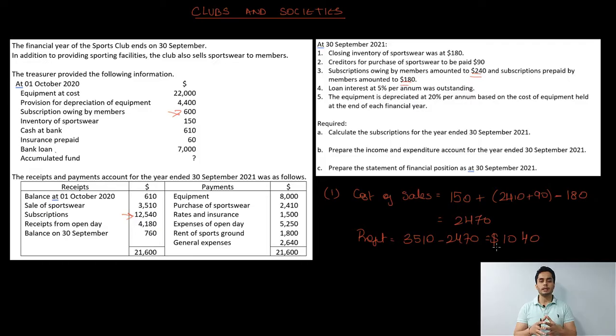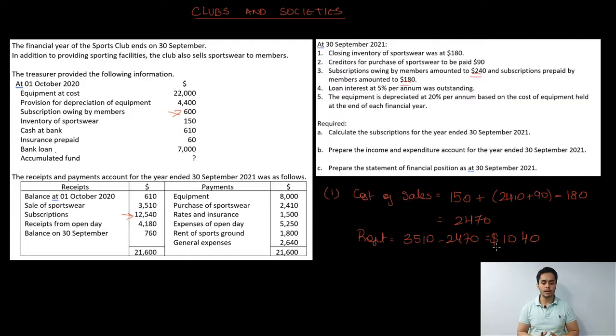Now, if there is an income and expense for the same event, you can't put the income separately under the income and the expenses under the expenditure side. You will have to find out the net income or net expense and include it in the income and expenditure accordingly. Here my receipts are 4,180 and my expenses of open day are 5,250. Clearly the expenses are greater than the income, so we will include this net expenditure in the expenditure side directly.